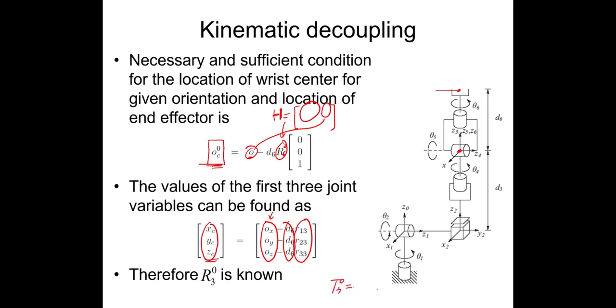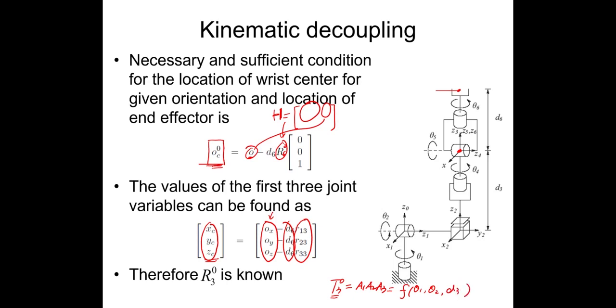We're able to calculate T30, right? T30 equals A1 times A2 times A3, and for these three matrices, we're able to find the 4 parameters for each transformation. So finally, we have T30 as a function of the 3 joints, which are theta 1, theta 2, and D3.